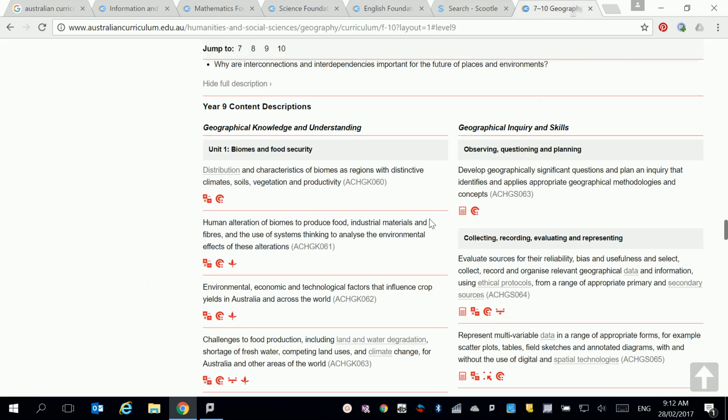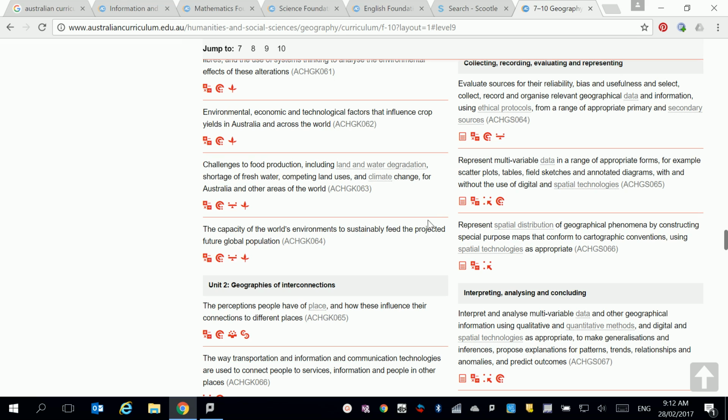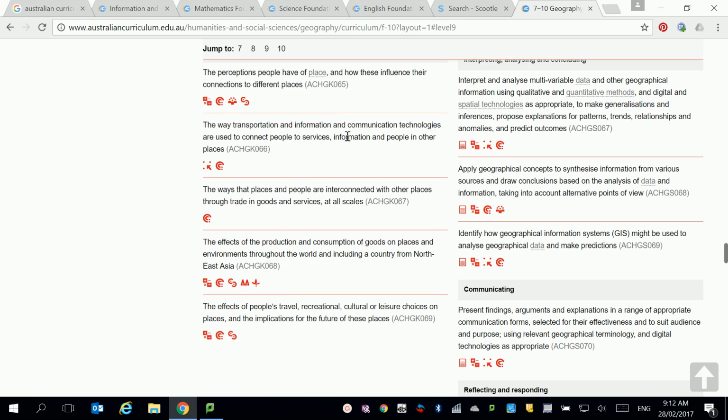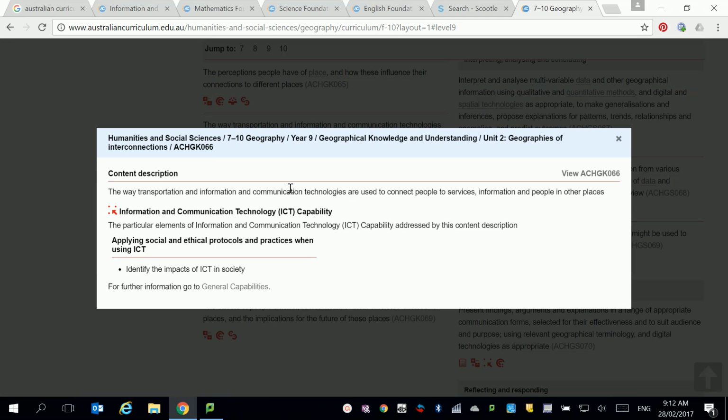And then if I look at geography, you can see here the ways transportation information, so I'll have a look at that. So this one here, you're identifying the impacts of ICT in society.